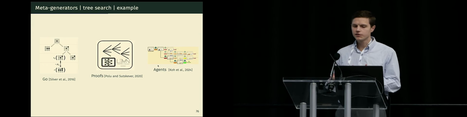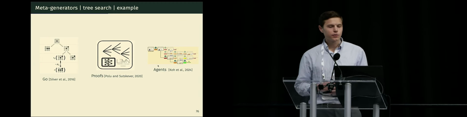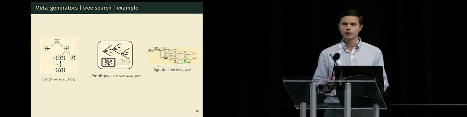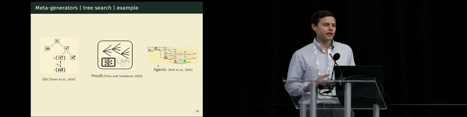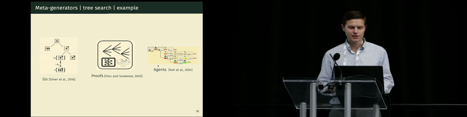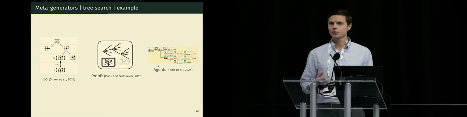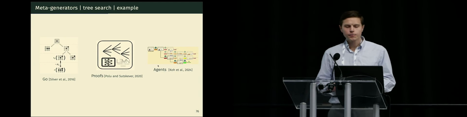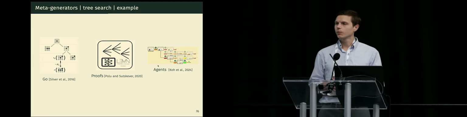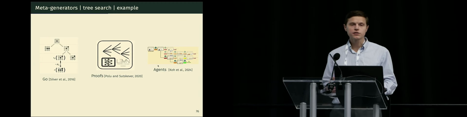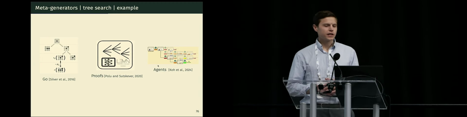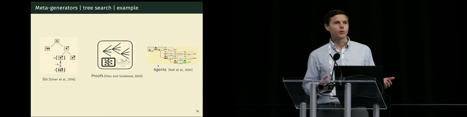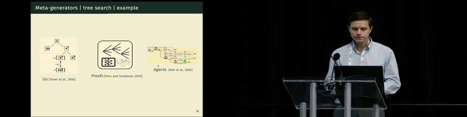And so aside from these math word problems, we do see tree search coming up in different domains. A famous one that didn't necessarily use language models is Go. Tree search was a key part of AlphaGo and the later variants. In formal theorem proving, which today does use language models, essentially any state-of-the-art system will use a tree search at inference time.